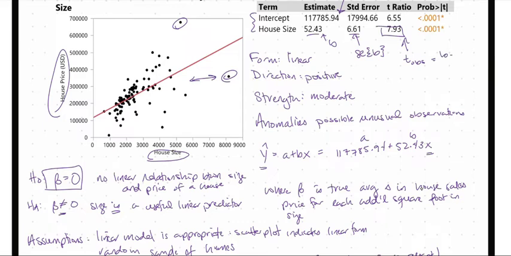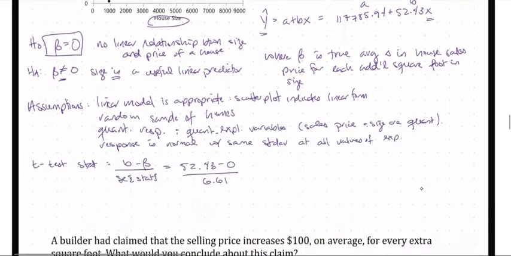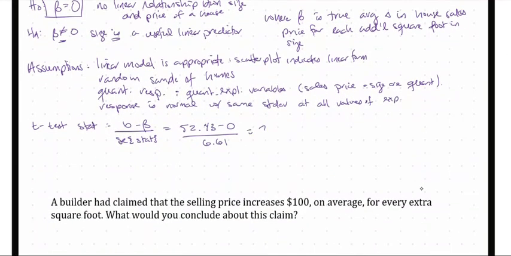So this is going to be b minus beta over the standard error of b. This ends up being 7.93. It says our sample slope is 7.93 standard errors greater than the hypothesized slope of 0.